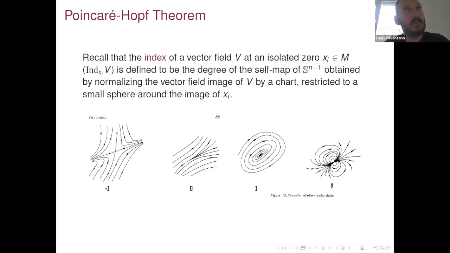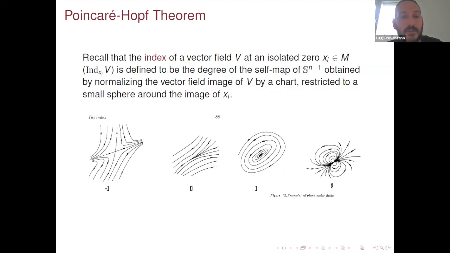So you normalize it on the sphere and use it to define a map from the (n-1)-sphere to itself. And so the index is the degree of this map. Here in the two-dimensional case, around any of these zeros, you put a circle, and then you normalize the vector field on this circle, and then this defines a map from the circle to itself, and then the index is the winding number of this map, just that.